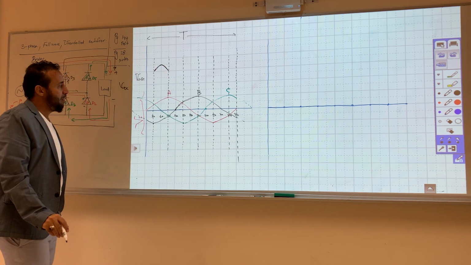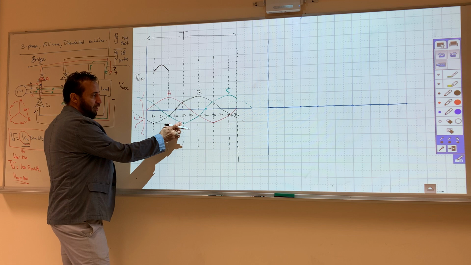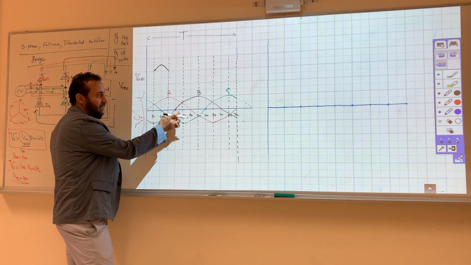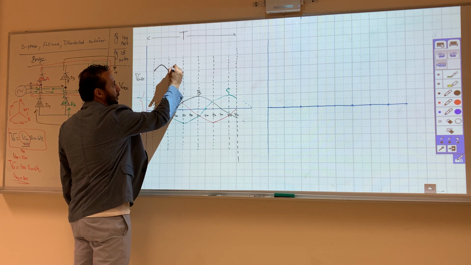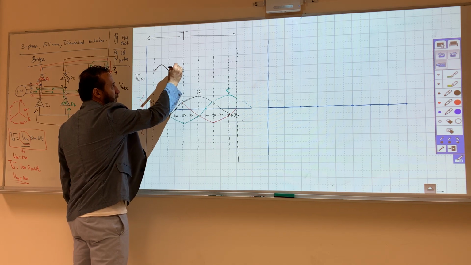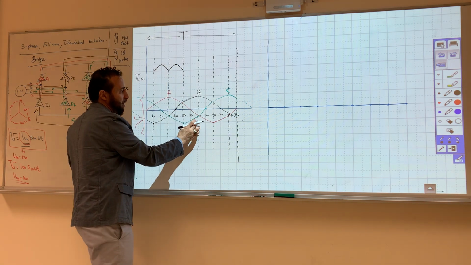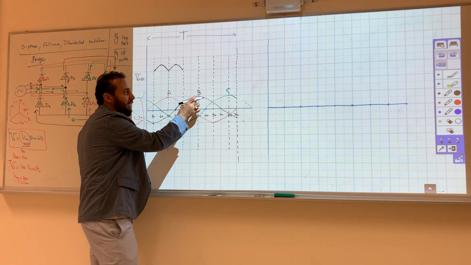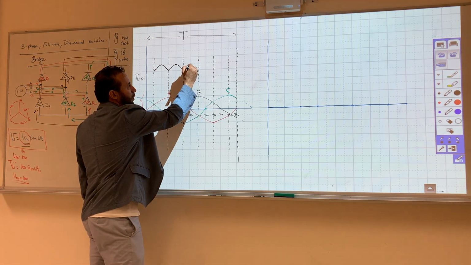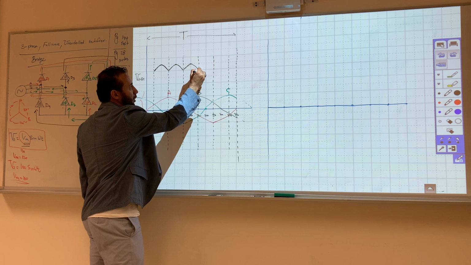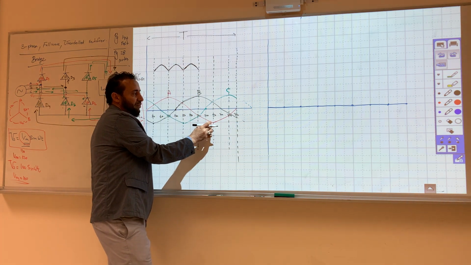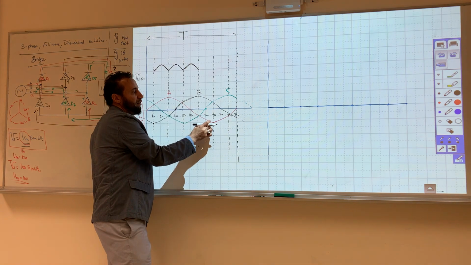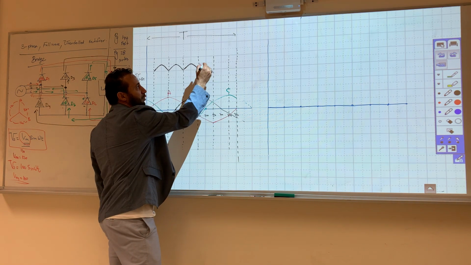Then, this part of phase C and this part of phase A will make another pulse. Then, this part of C and this part of B will make another pulse. Same thing, this part of A, negative, and this part of B, positive, will make this pulse.